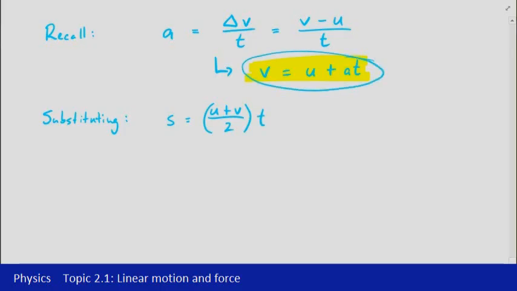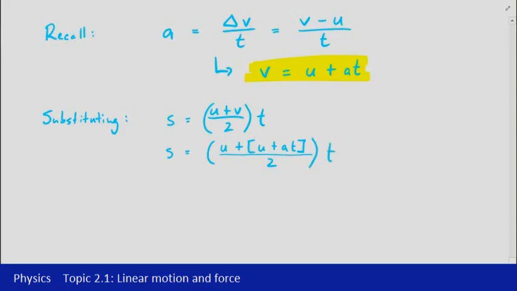So this expression here is going to be replacing that variable v in there. So in the next line of working, we'll have s is equal to u plus, and I'll put square brackets around it to make it a bit clearer, u plus at, so there's the expression for v. That's all still divided by 2 and still multiplying by time.